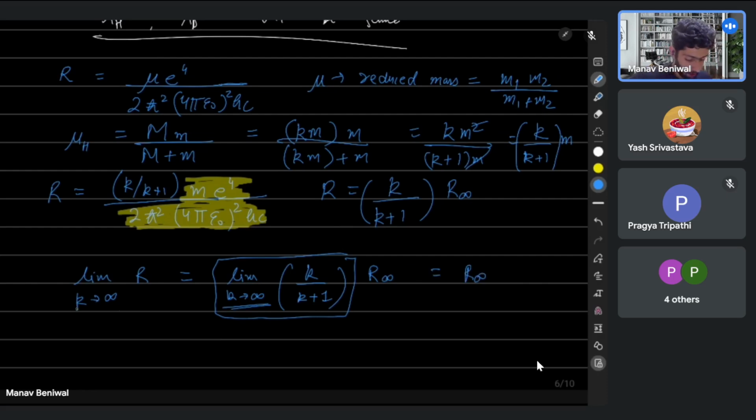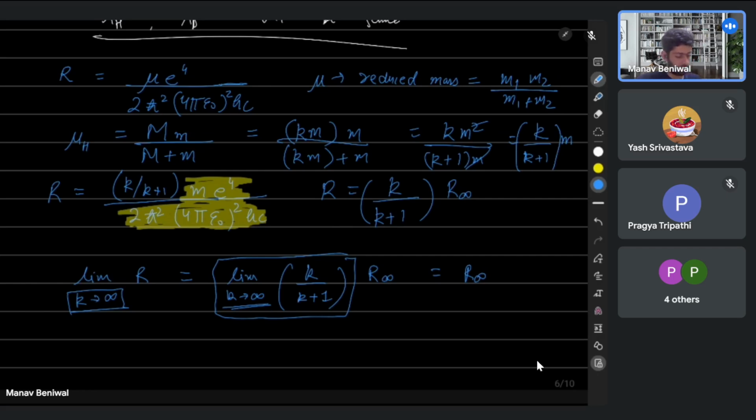And what does this limit mean? k tends to infinity, what is k? k is the ratio of the mass of the nucleus to the mass of the electron. If this ratio becomes infinite, that means our nucleus has infinite mass, right?